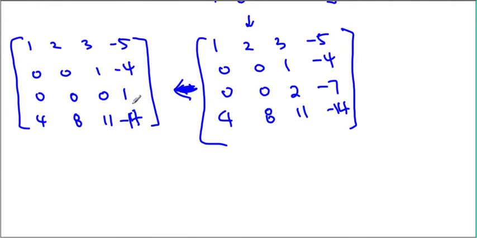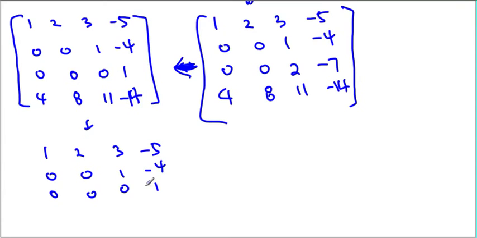Now, what I can do is multiply this one by 4 and then subtract it from here. Then I'll be getting 1, 2, 3, -5, 0, 0, 1, -4, 0, 0, 0, 1. And then this would be -4, so it becomes 0. This would be -8, becomes 0.